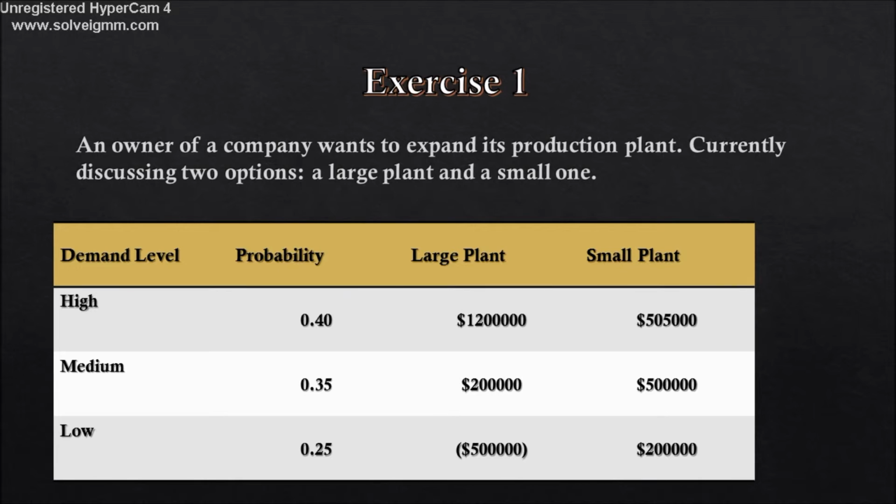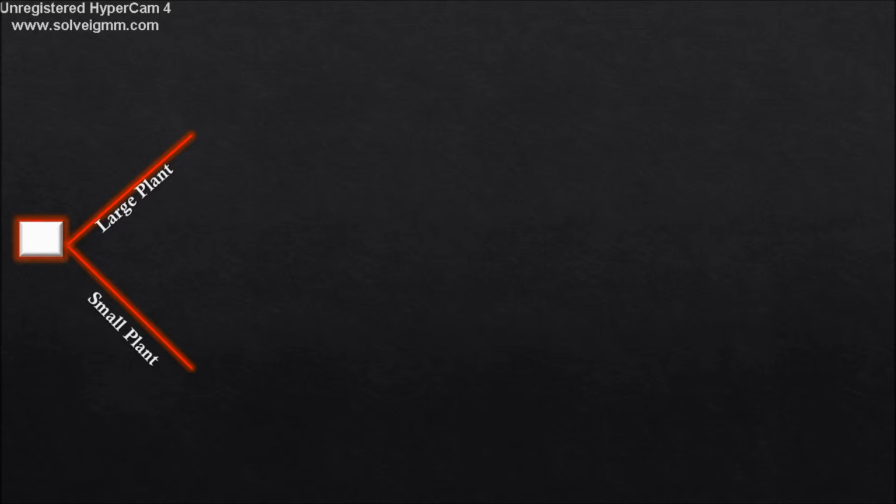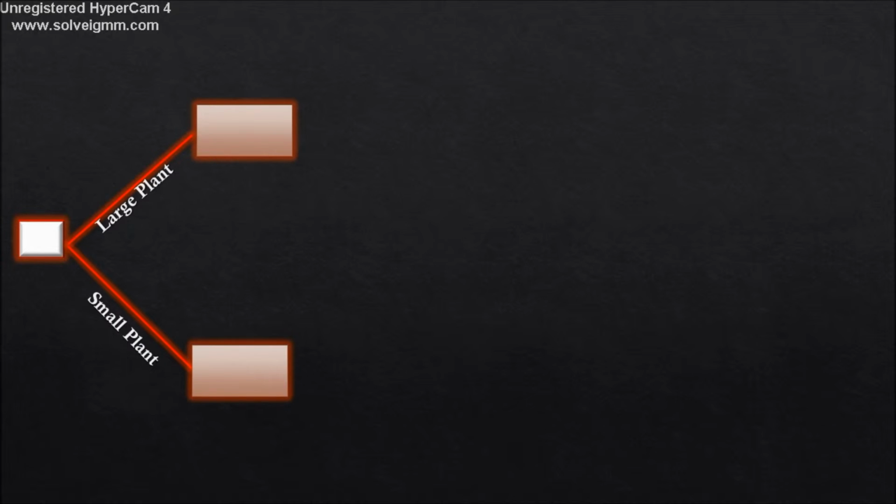After we analyze all that, we're going to draw the decision tree. First we begin with the initial square, then with the branch of the large plant and the branch of the small plant. You have to choose one of the two decisions, the large plant or the small plant. With the large plant, you have three branches, which are high, medium and low.